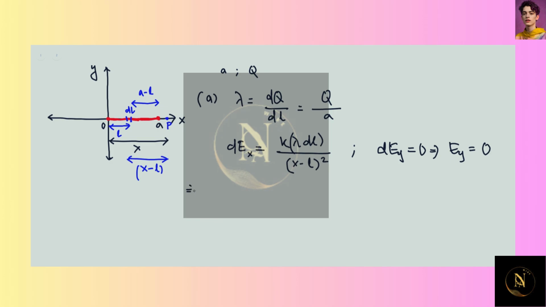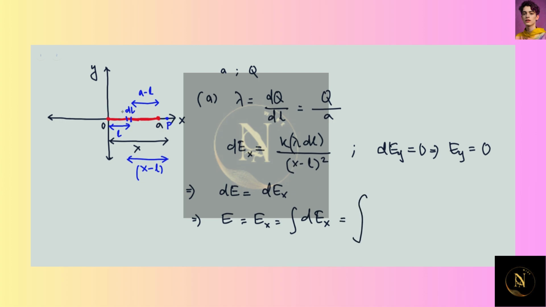So the total electric field is actually the electric field residing on the x-axis. So E will be equal to Ex, and that will be given by the integration of dEx, where dEx is the electric field of a small section on the rod.